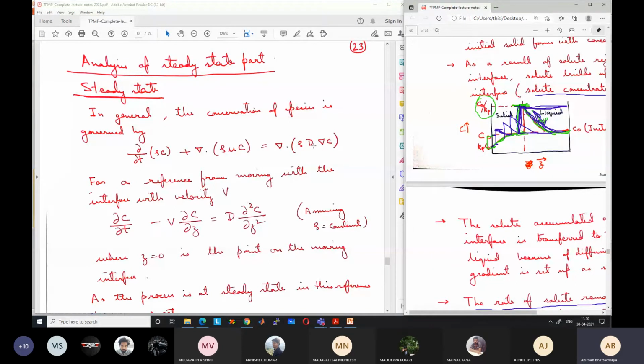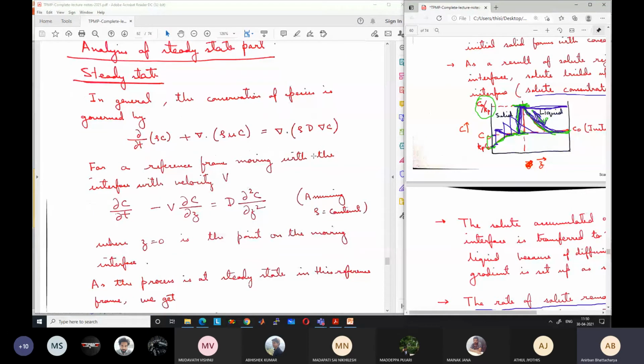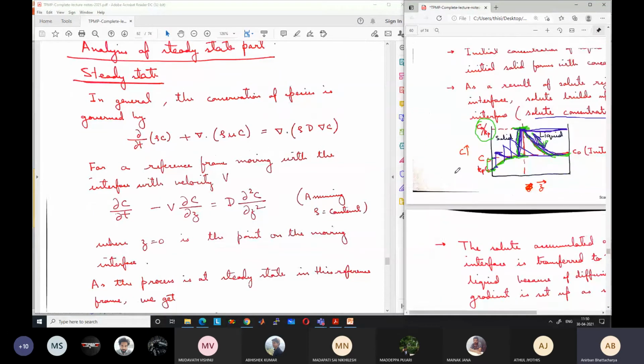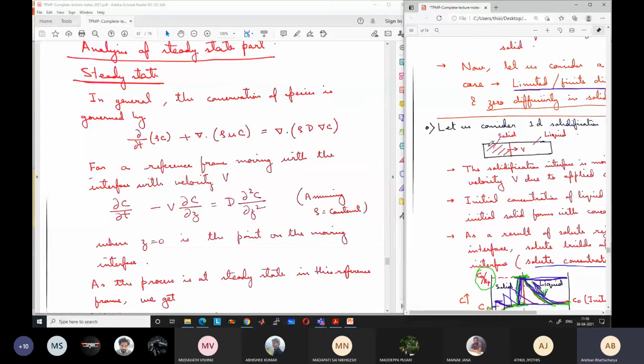Now consider a reference frame which is moving with the velocity v. From this reference frame, we see that the interface is stationary.